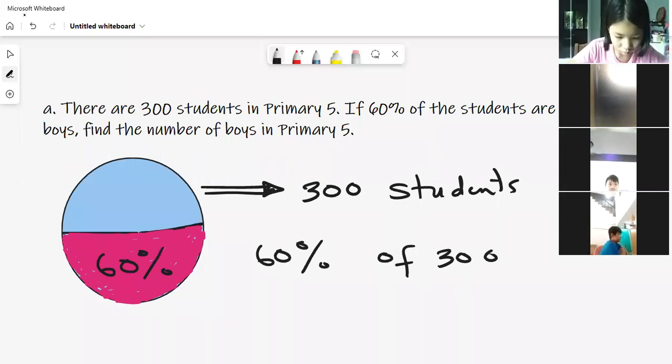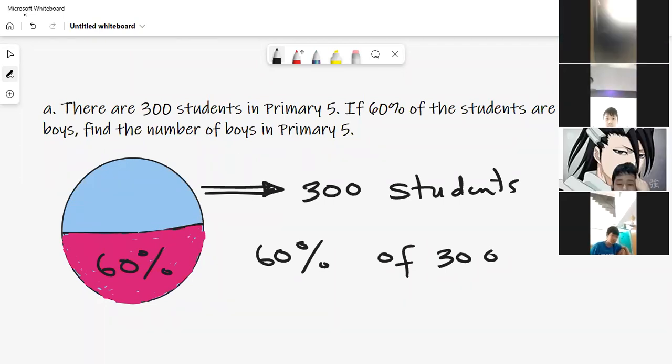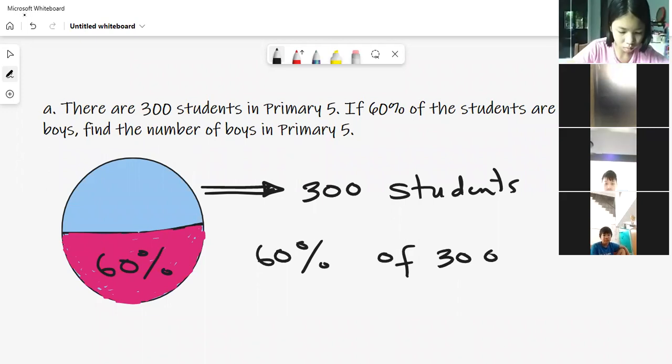So the question here says there are 300 students, but it did not say the number of boys or the number of girls, but it says 60% of the students are boys.